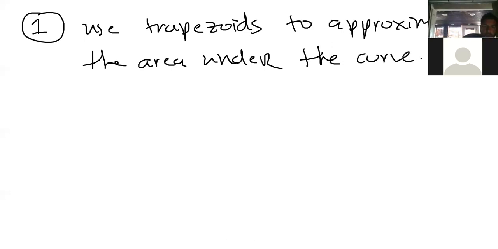This was problem 4 on your exam, and the purpose was to give you an idea of the motivation for the integral was to use rectangles. One of the things that rectangles don't capture is, if you think about a curve being steep, a rectangle is not as good of an approximation as a trapezoid can be. And so that's going to motivate one topic.